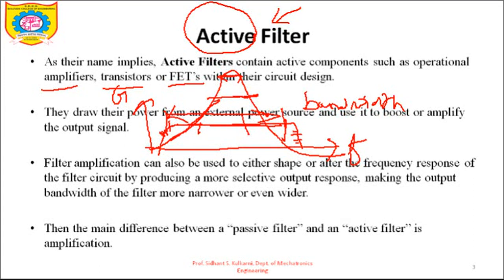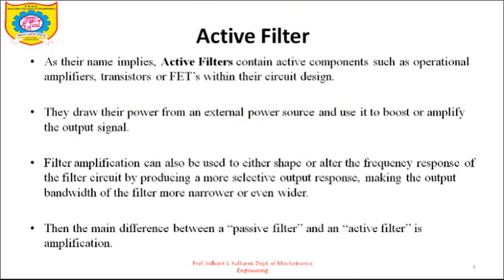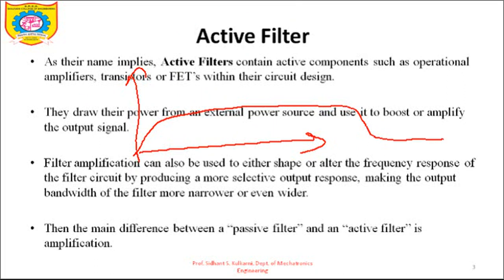filter. In the same way, I will delete these annotations and draw the frequency response once again, something like this. So it is giving me the gain versus frequency curve over a wide range of frequency. I will call this a wide band.